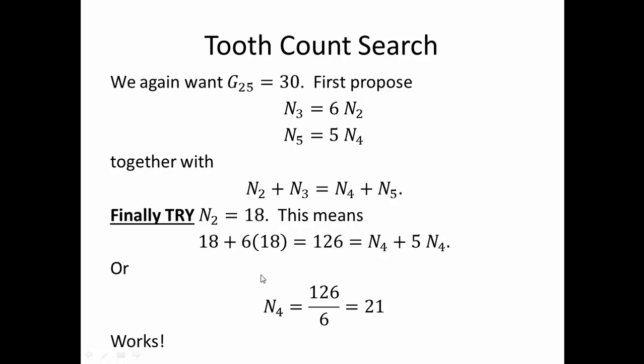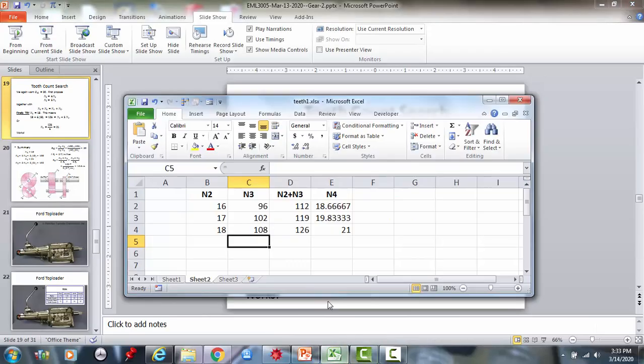But guess what? Once we try 18, we've hit a home run, because we've got 18 as N2. When you take 18 plus 6 times 18, you get 126. Divide by 6, you get 21. So that's going to actually work. In order to do that, here's what I did.